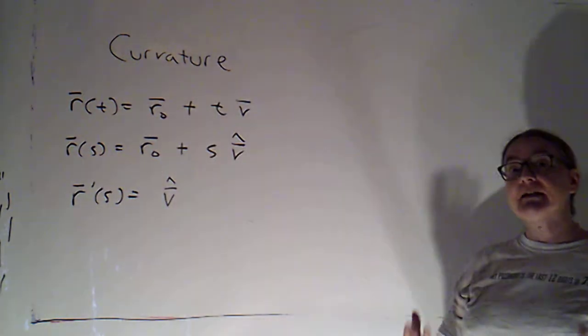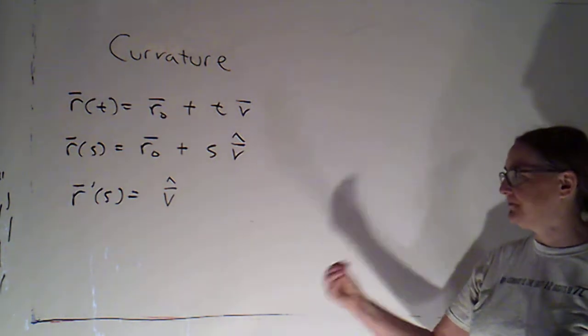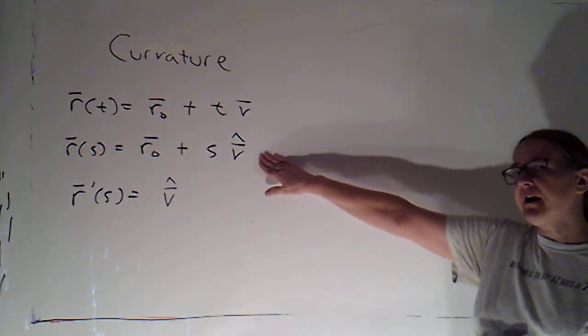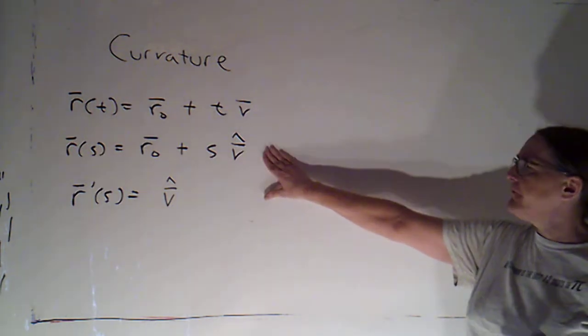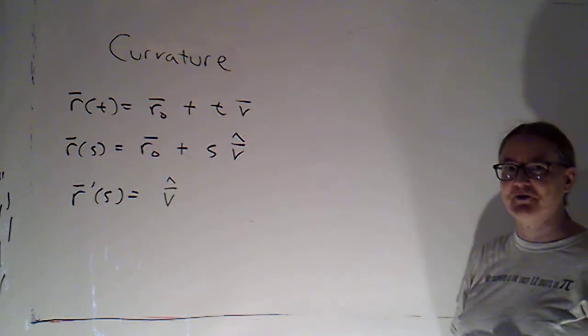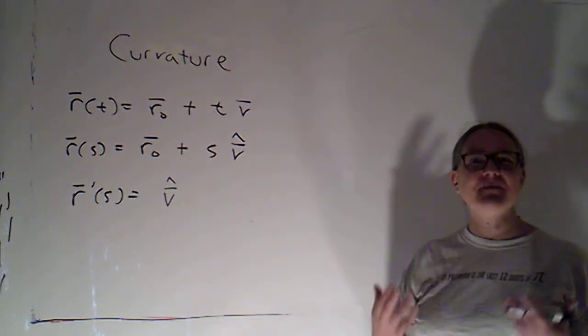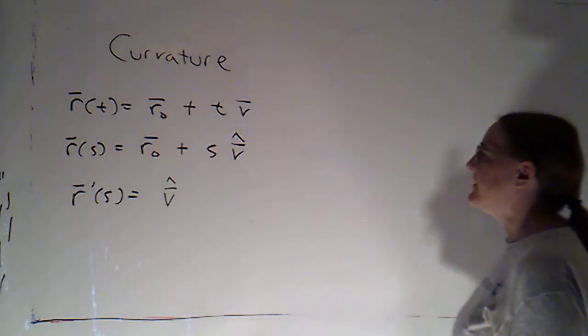Remember, the derivative of a line is the direction vector for that line. Okay, we worked that out component-wise a few videos back. If you've forgotten that, give yourself an example, write it out component-wise, convince yourself that it's true. But it makes sense conceptually that the derivative of a line should be the direction vector of the line.